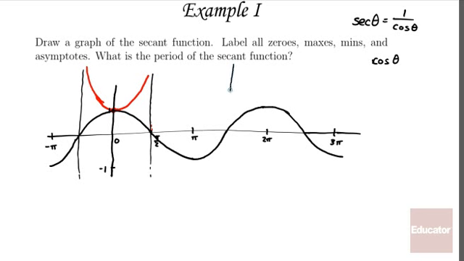When the cosine is negative, when the cosine is negative 1, secant is negative 1, and when the cosine goes to 0, secant blows up, but since cosine is negative here, secant goes to negative infinity when the cosine is negative.